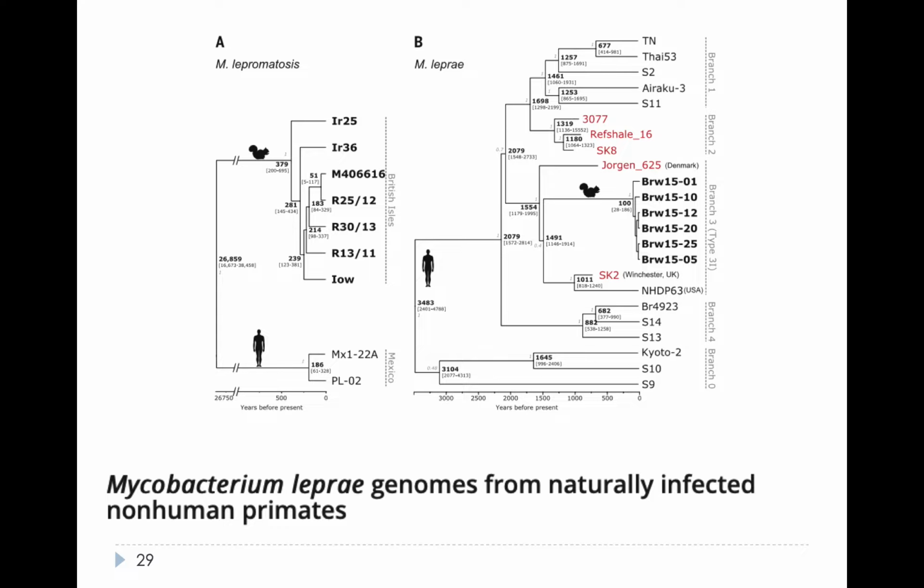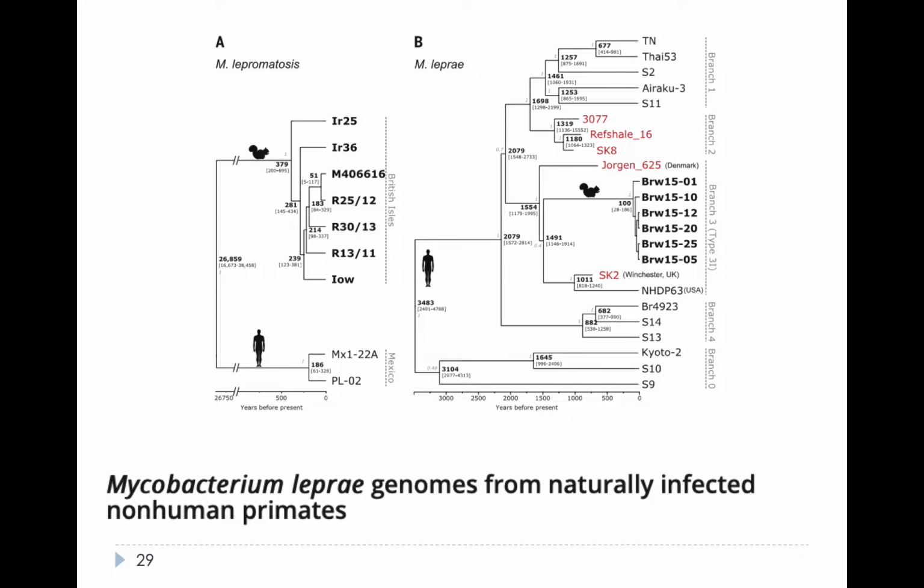The squirrel population does appear to be quite different from the human one, and whether there was some event tens of thousands of years ago where it jumped from squirrels into humans or vice versa, or whether it was independently acquired from a third host, we don't know.